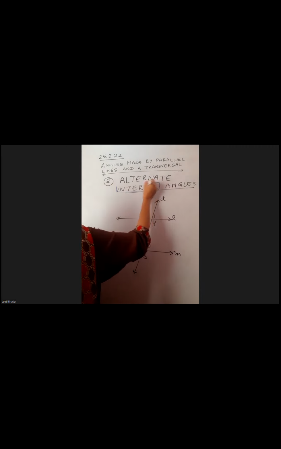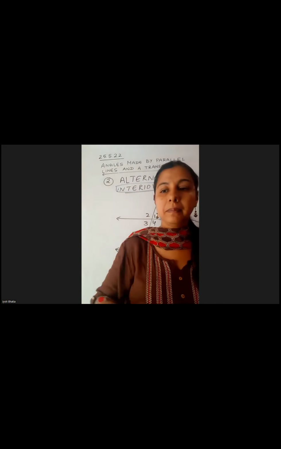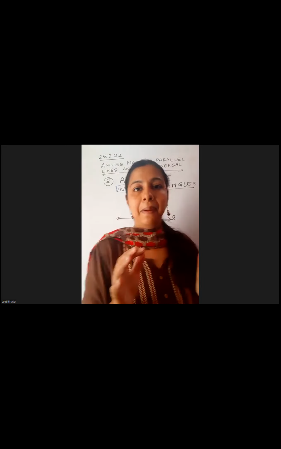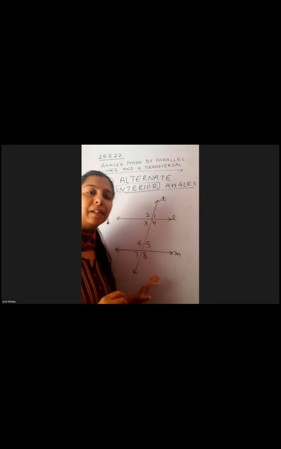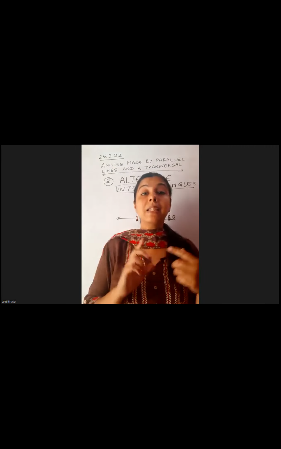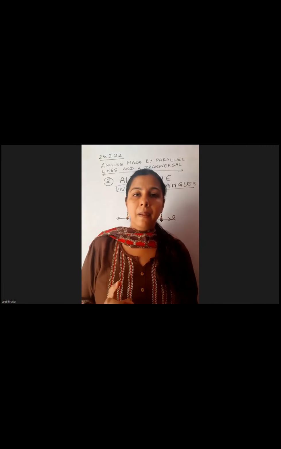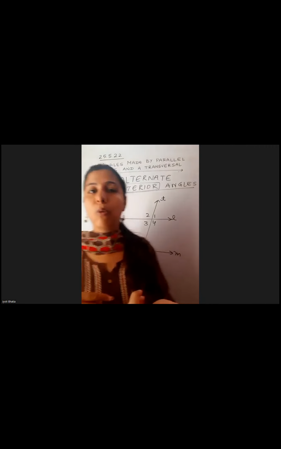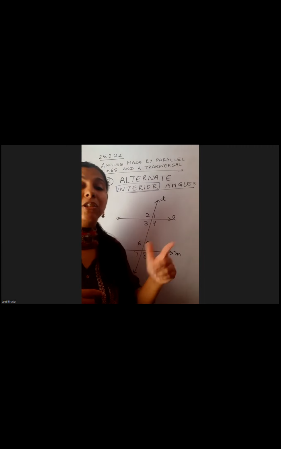First of all, let us focus on the term interior. We all know the English meaning of interior: inner, inside. Out of these 8 angles, which angles are inside? Like you all are sitting inside the room. 3, 4, 6, 5.